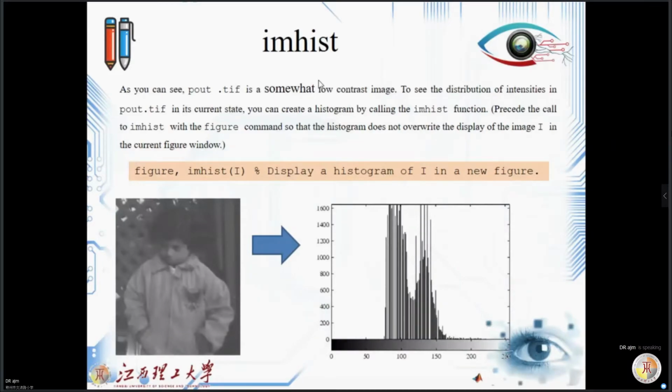But here you will see that it's a little bit centralized, after 50 and below 200. That is the range of the data that you can see, the values represented in the form of a histogram.